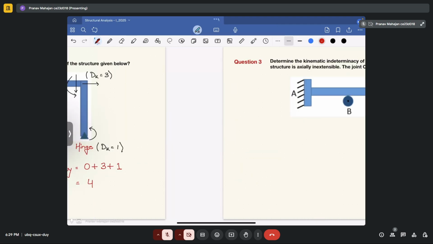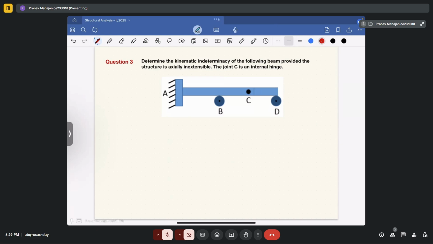Now, talking about another question, you have one more question in which you have to determine the degree of kinematic indeterminacy. The important point here is that the structure is axially inextensible. That means your horizontal reaction in the structure at every point will be equal to 0. Fine. So this is the basic point you have to see, whether axially inextensible is provided or not.